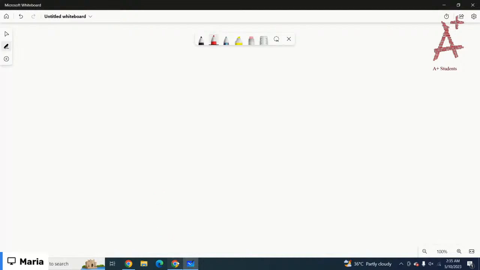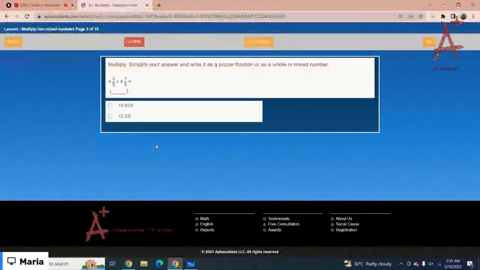Let's just do it. 4 whole 3 by 5: 5 times 4 is 20, and 20 plus 3 is 23 over 5. Then you have 5 times 4 is 20 and plus 1, 21 over 5. 23 by 5 times 21 by 5. Got it? Just do 23 times 21.